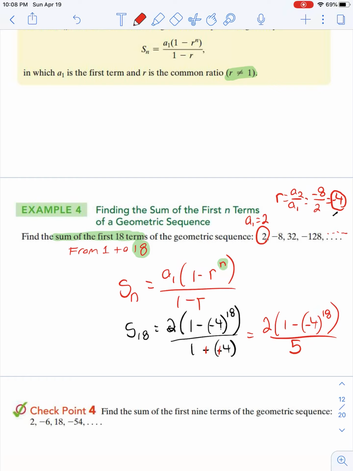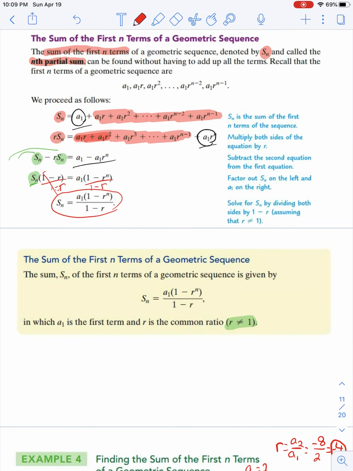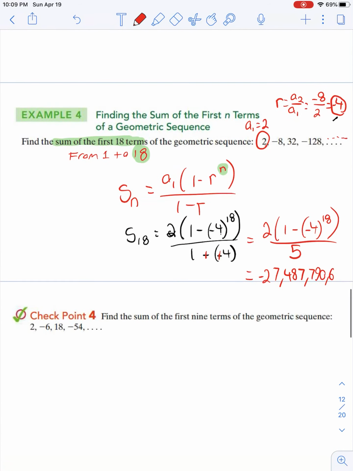Let me make sure I got this right. This sum, if we were to add the first 18 terms, is going to give us -27,487,790,694.